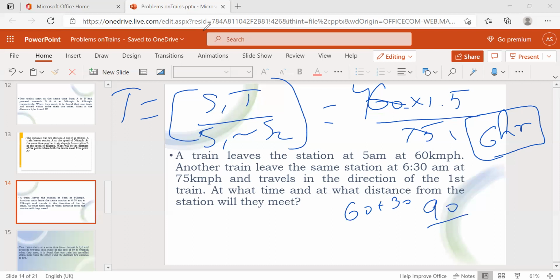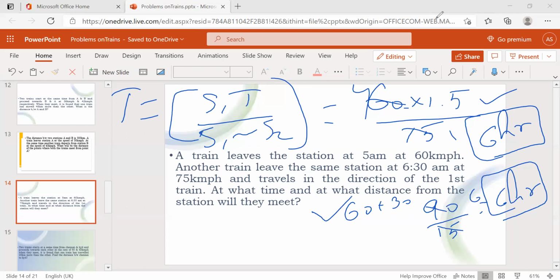This 90 kilometers, what's the time difference? 15. 15 sixes are 90. Directly you can say 6 hours. So which one is easy? Actually, the traditional method is easy. But if you want to use the formulas, you can use the formulas.